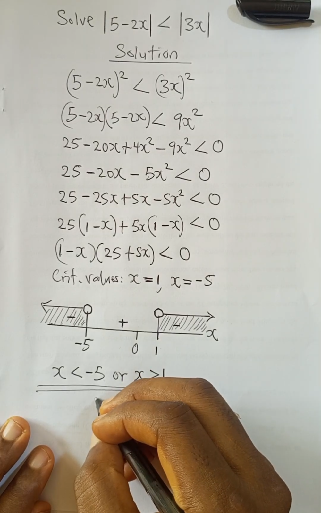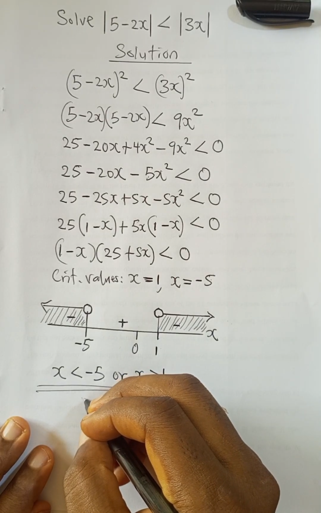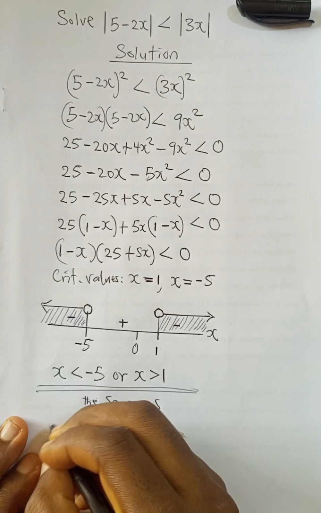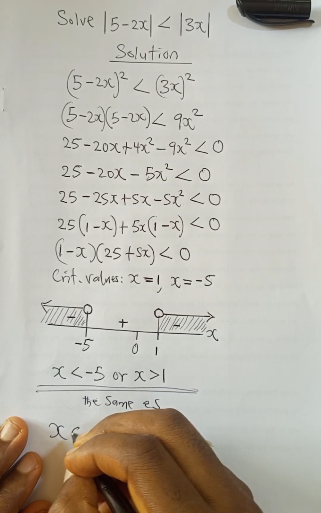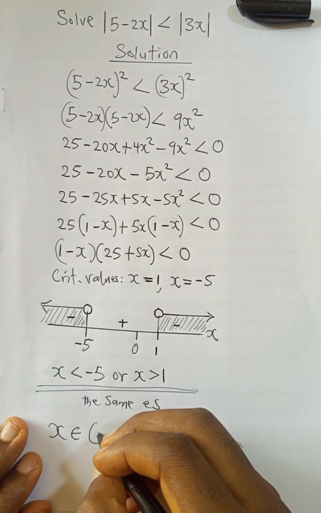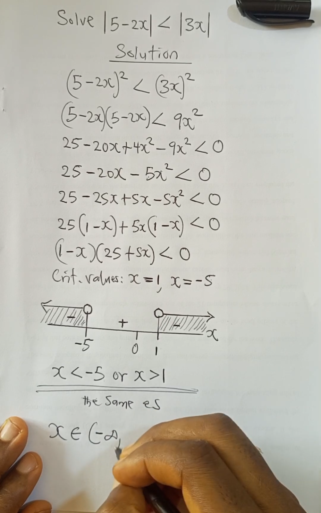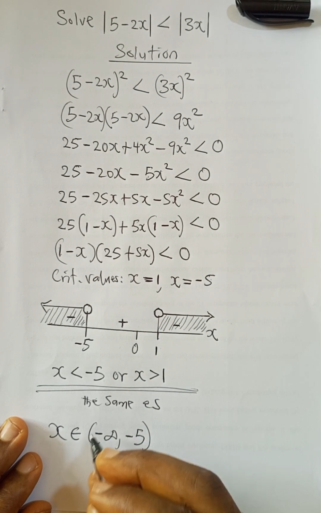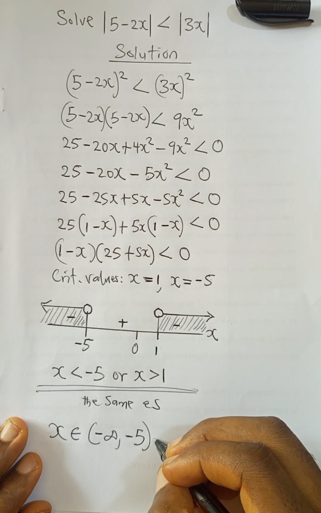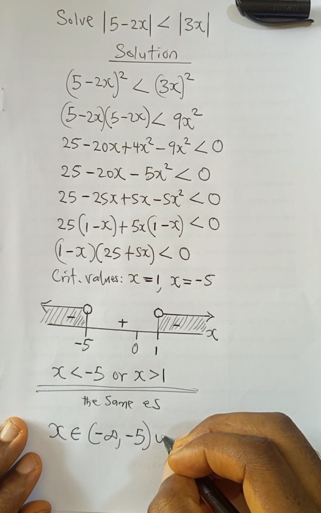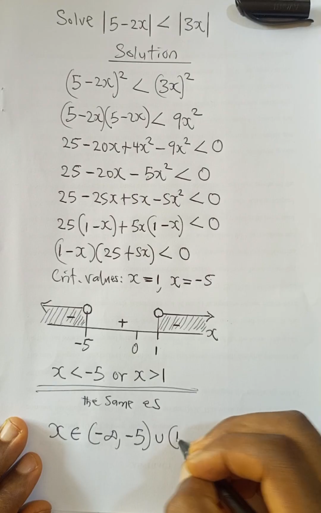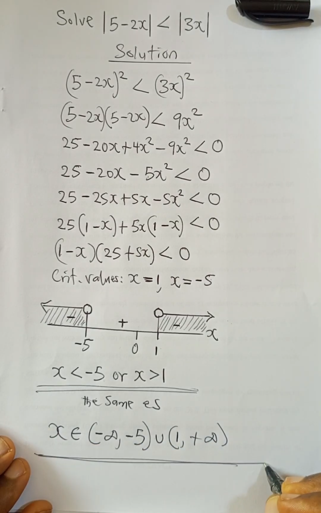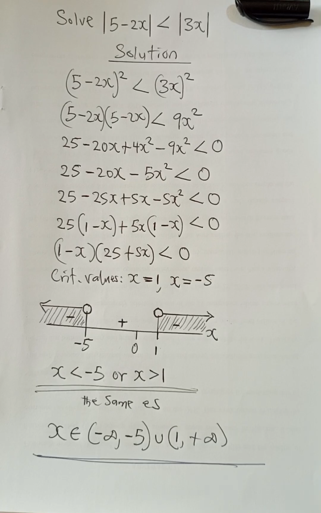This same answer can be presented as saying that x is a member of from negative infinity to before minus 5, union from after 1 to positive infinity. This is another way you can write this, and it will be very valid.